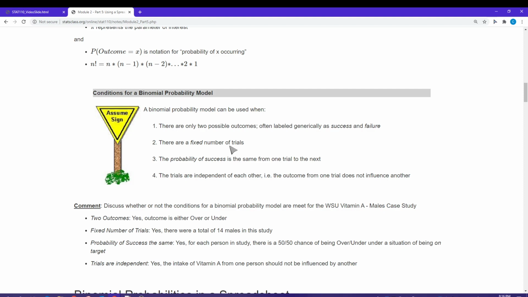One hour it might be 8, the next hour it might be 12, the next hour, if it's right at dinner time, might be 30. We don't know how many are going to show up in that hour. So if you're trying to model how busy a fast food restaurant drive-through lane was, you wouldn't be able to use a binomial probability model because we don't have a fixed number of trials.